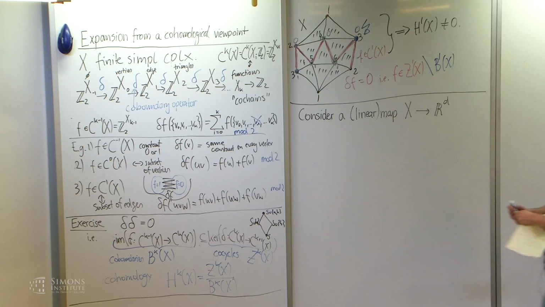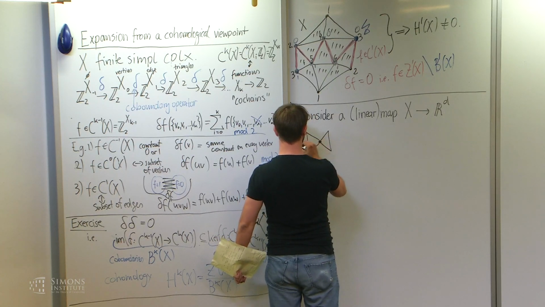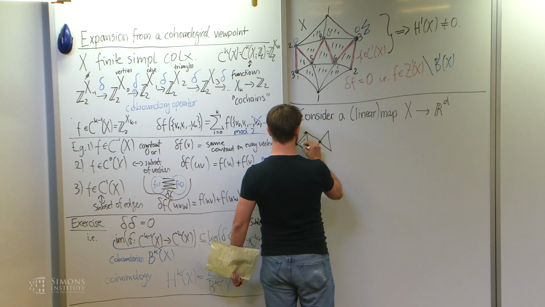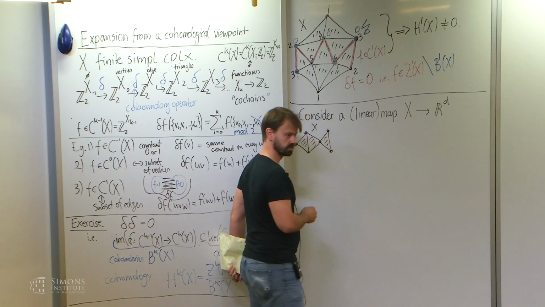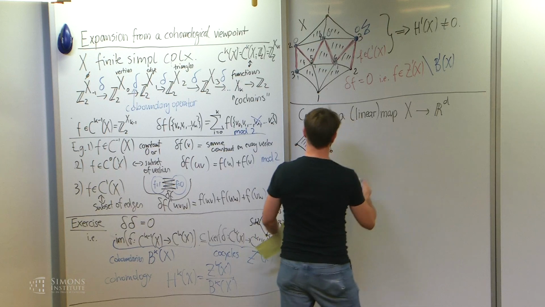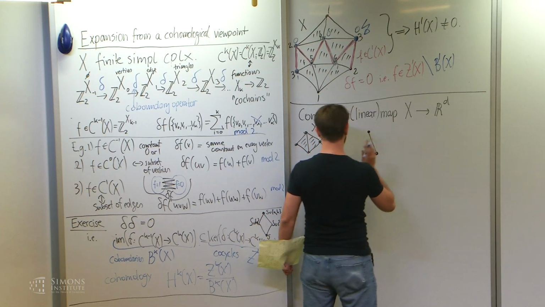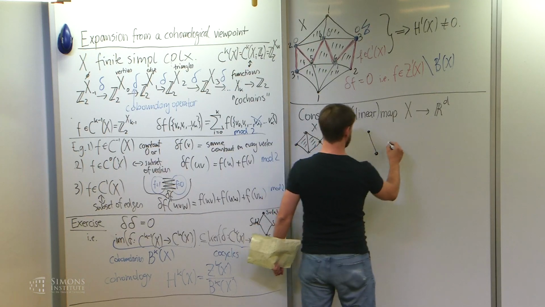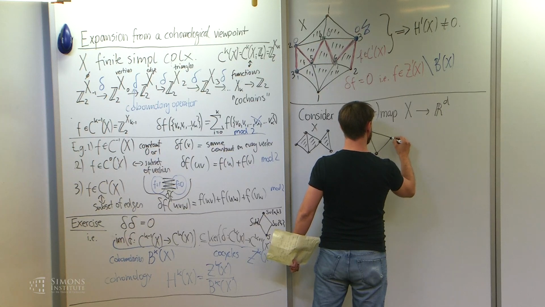So for instance, since this was so popular, let's look at the fish complex. This could be X. And then my map, well, there are many things that I could do. I just want to illustrate that I in no way want to assume that I have an embedding.